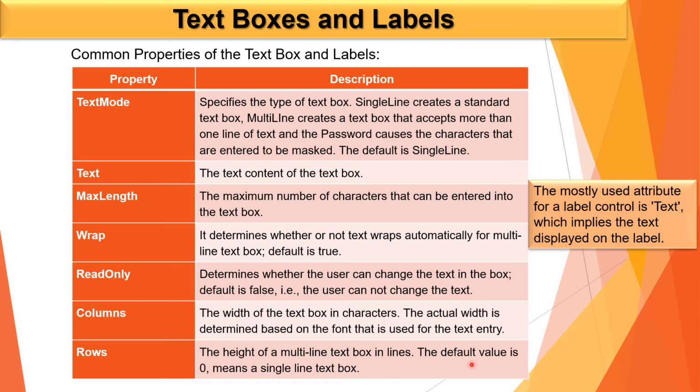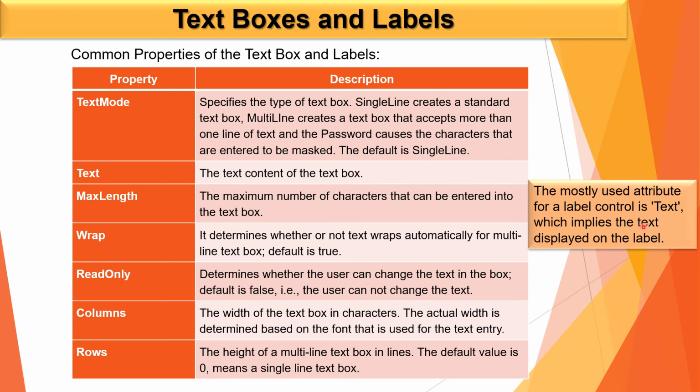Mostly the default value is always 0, and this means a single line text box. If you specify rows equal to 2 or 3, that will give a multiple line text box. Now the most used attribute for the label control is Text. This implies the text displayed on the label.